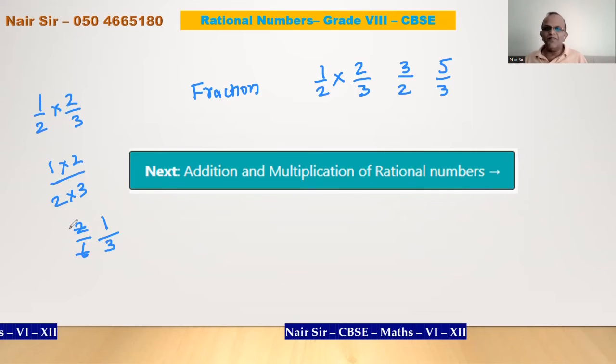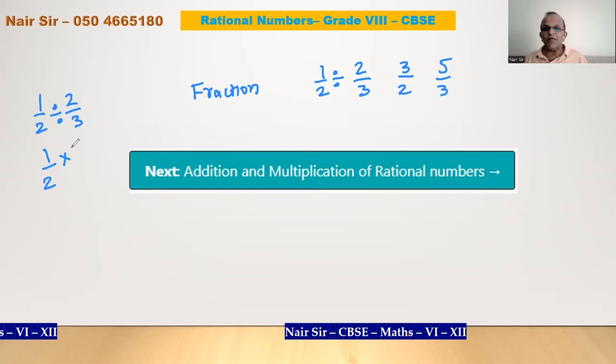Go further. If I change this to division, then what happens? When I go for division, what do I do? 1 upon 2 multiplied by the reciprocal of 2 by 3.